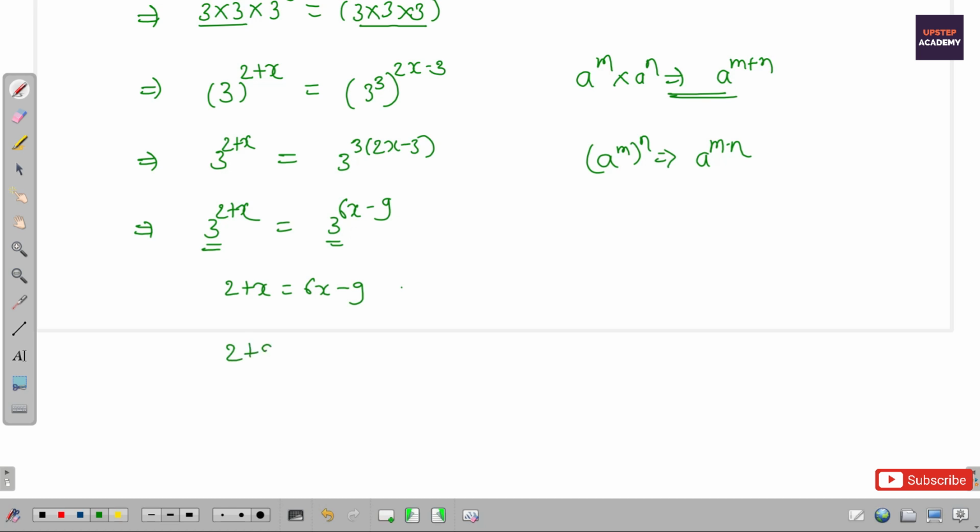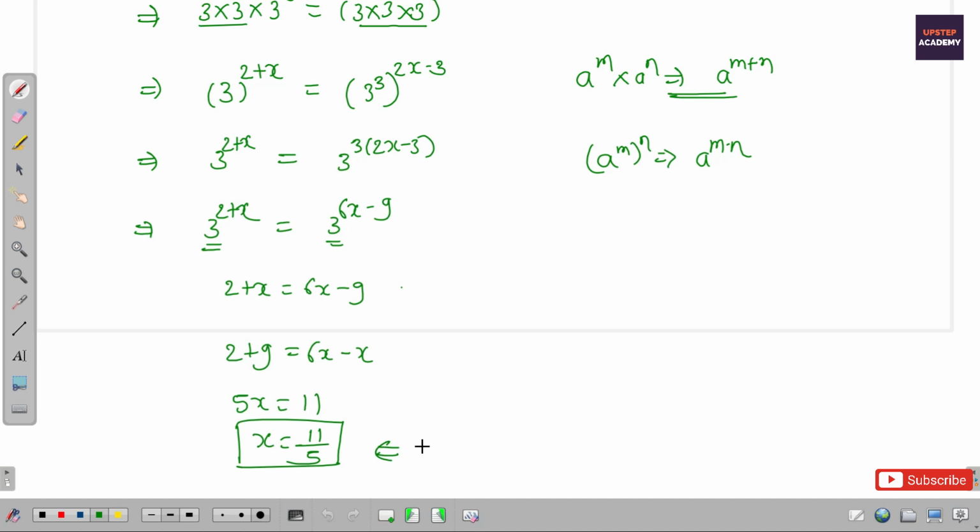So 2 plus 9, because 9 is negative over here, after coming to the left hand side it will become positive, and this x is positive, after sending it to the right hand side it will become negative. So 6x minus x is 5x. 5x equal to 11 and x will be 11 upon 5. So the value of x is 11 upon 5.